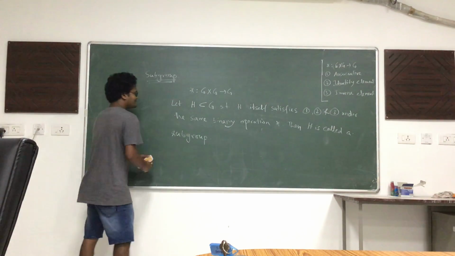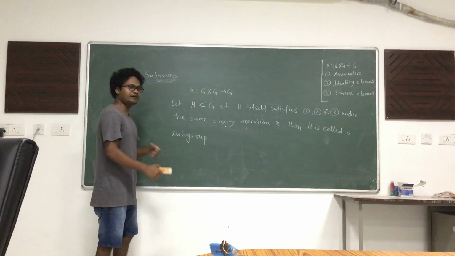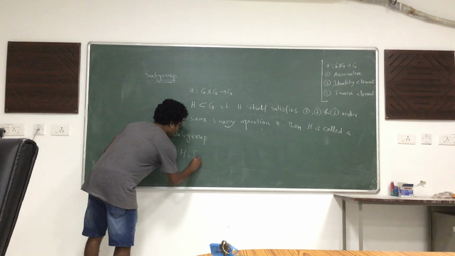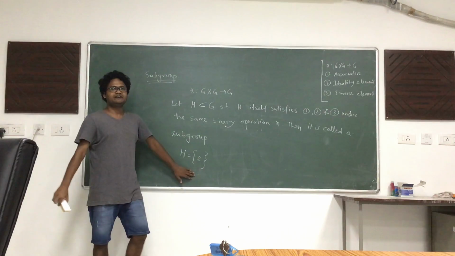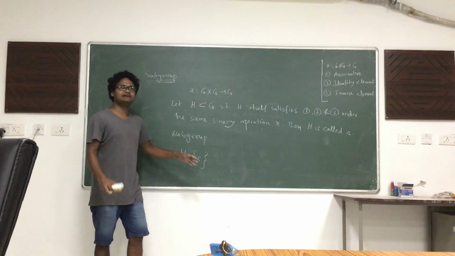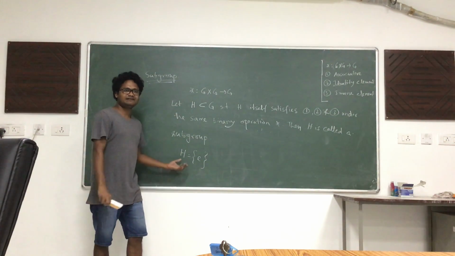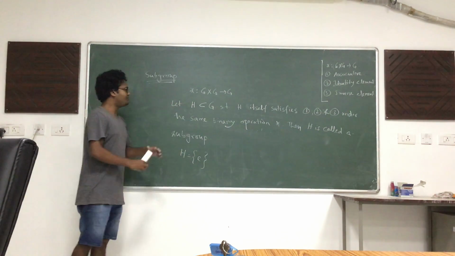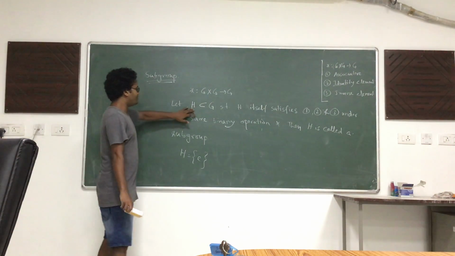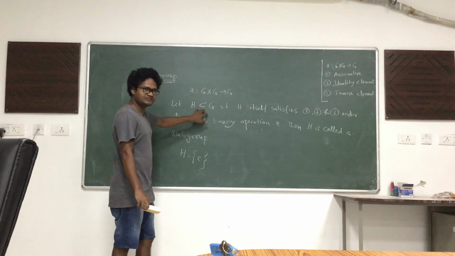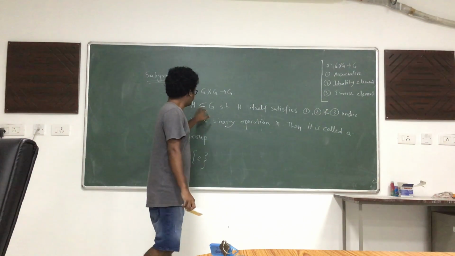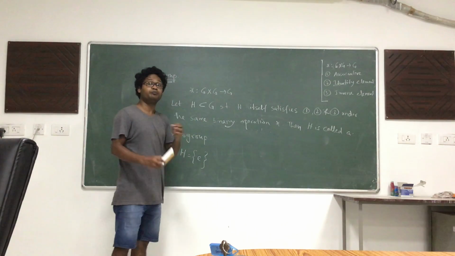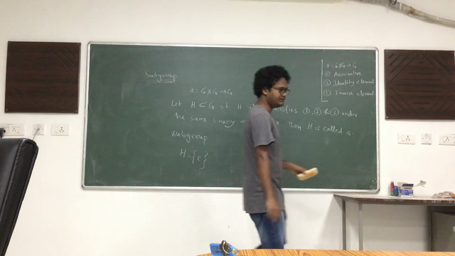So let's say the simplest example of H, given any group, is very trivial. Just take the identity element of the group and you can say it's a subgroup. And of course, when we talk about subsets in mathematics, H may also be the same as G. It does not necessarily have to be a proper subset.